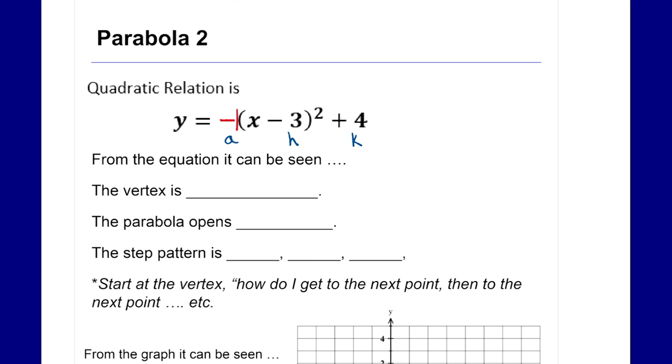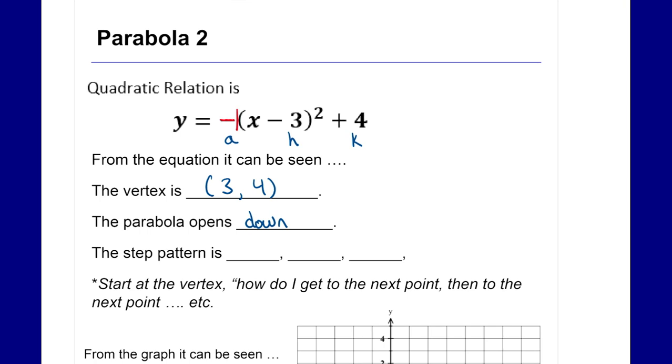So our vertex is our h and k. Our h is the opposite of what we see, so instead of negative 3, it's positive 3. And our k we take exactly as is, which is 4. So our vertex is (3, 4). The parabola here opens down because of the negative a.